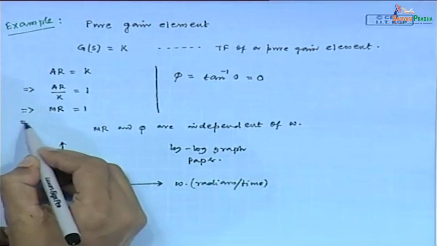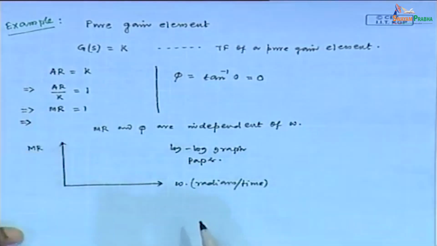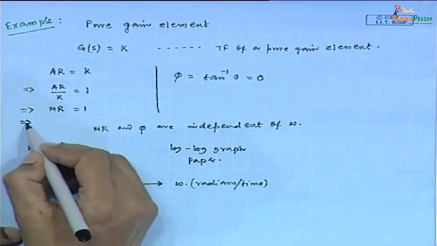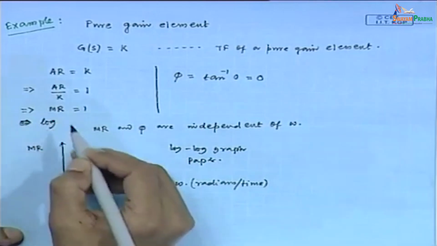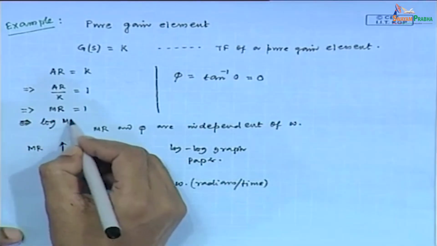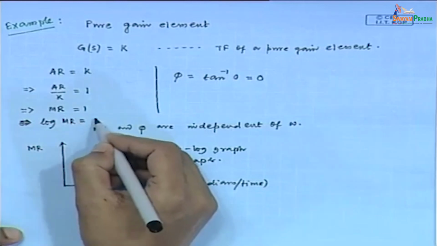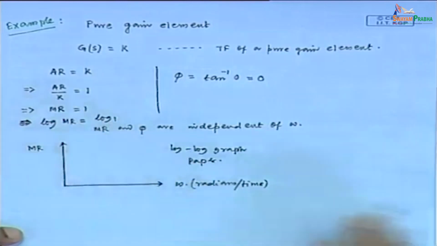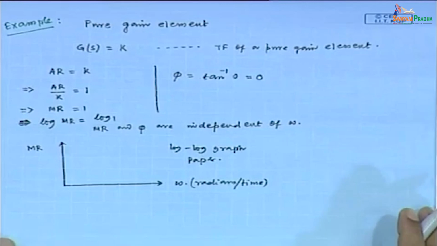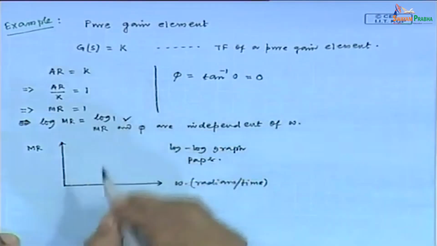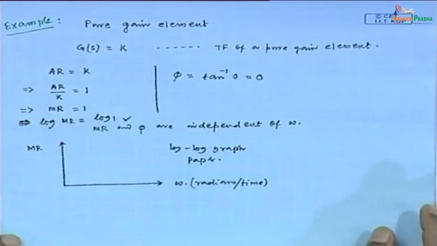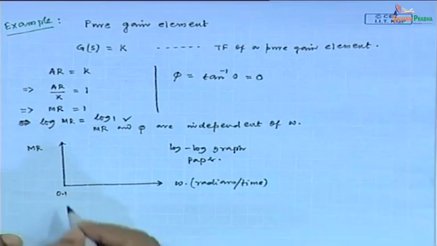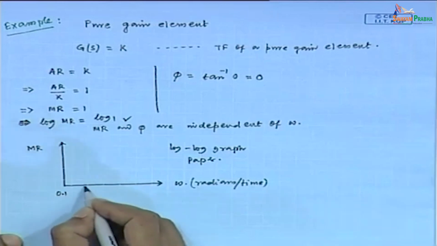Now, since we obtain magnitude ratio equals 1, so in the next step we can write logarithm of magnitude ratio equals log 1.